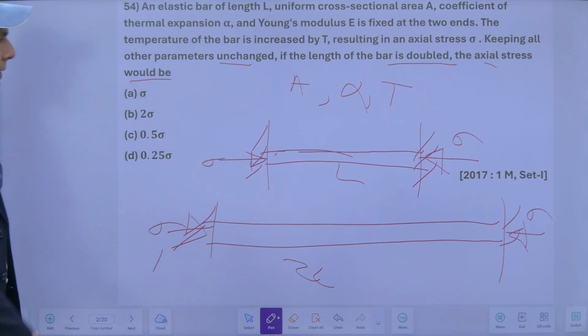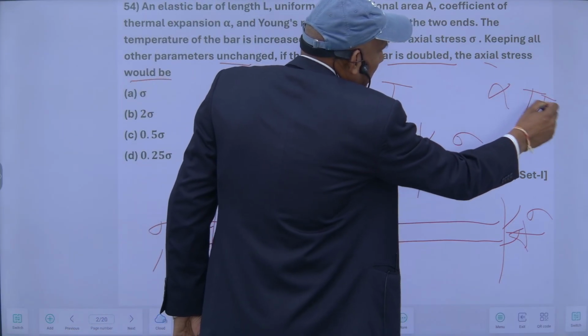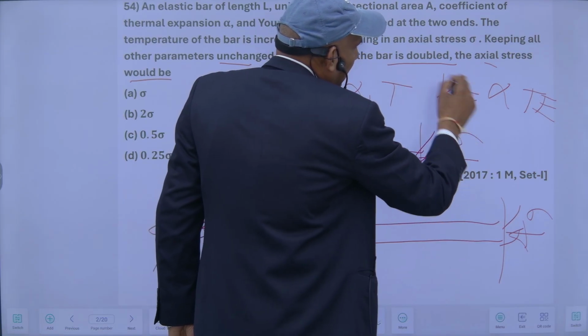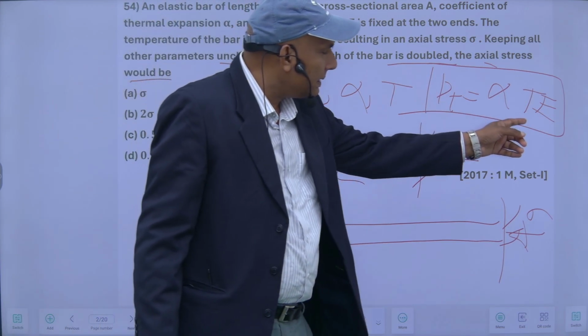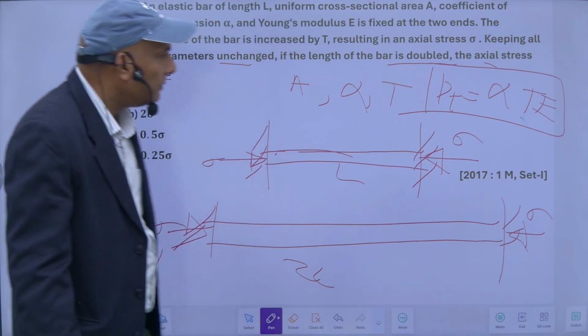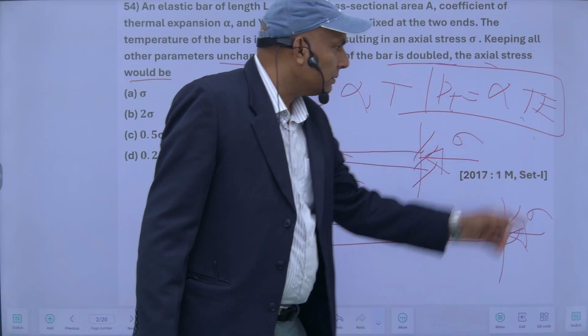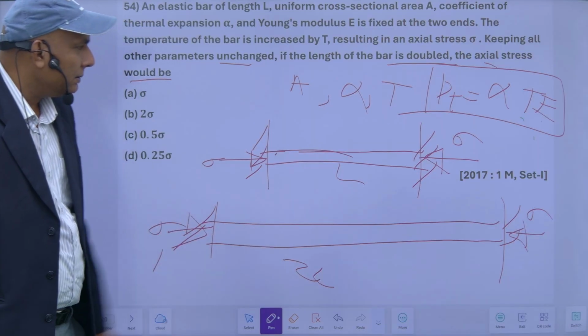The formula for thermal stress is alpha T E, where alpha is the coefficient of thermal expansion, T is the temperature, E is the Young modulus of elasticity. So length has no effect on the thermal stresses, whether it is L or 2L or 3L.